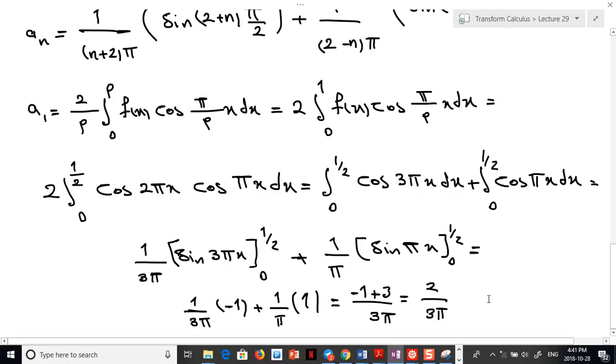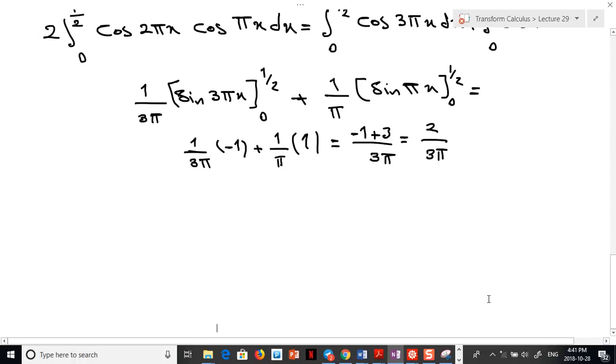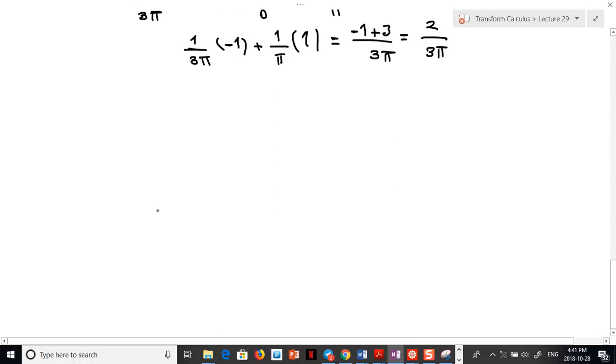Now I have to find A2. A2 is equal to 2 over p, the integral from 0 to p of f(x) cosine n pi over p x dx.